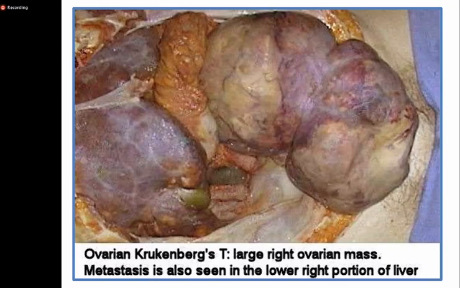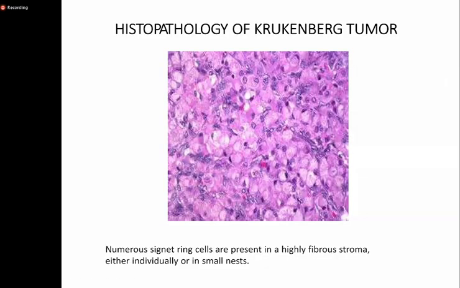You can see this huge tumor, predominantly solid with cystic spaces. And then this is the liver, and you can see there is also liver metastasis of this same tumor to the liver. In the histology, we said predominantly they have these signet ring cells, a sea of signet ring cells with very scanty fibrous tissue stroma in between.